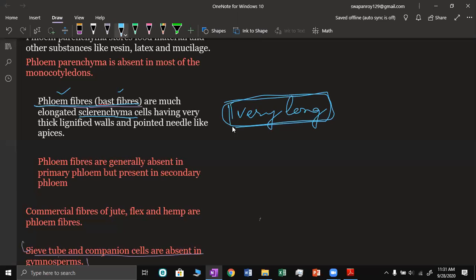In some plants, phloem fibers are the source of commercial fiber. Thread etc. is made from fibers like jute, cotton, and flax.